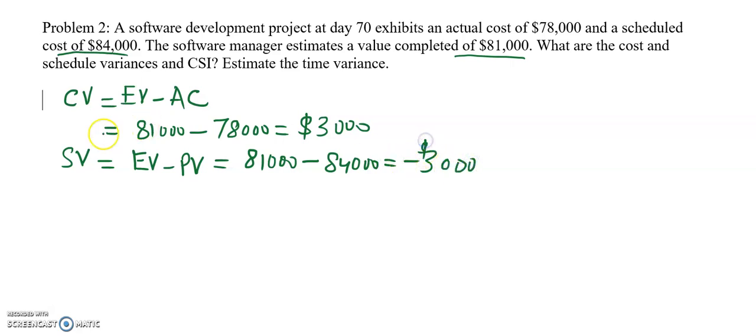So these cost variance and schedule variance values show that the project has spent less than the work performed.